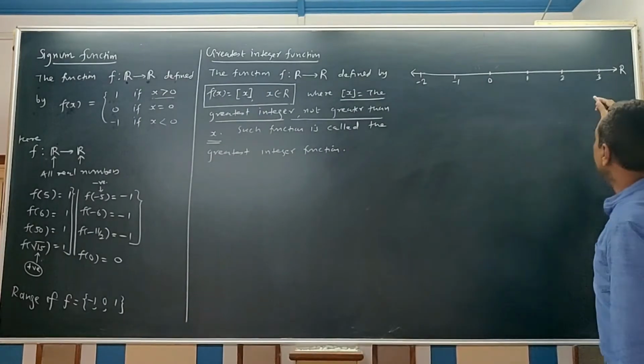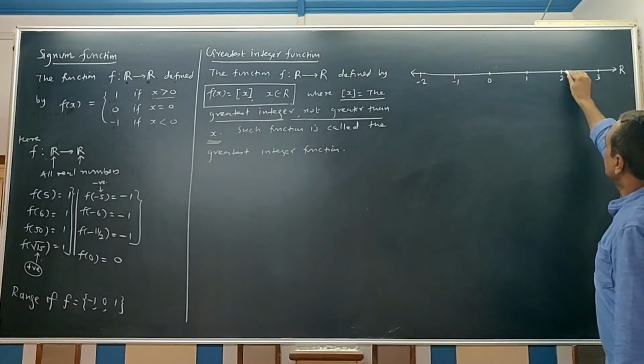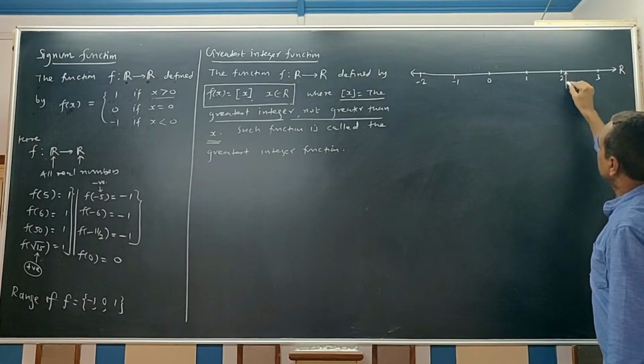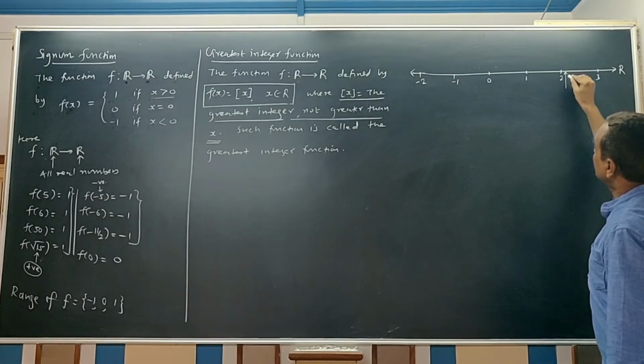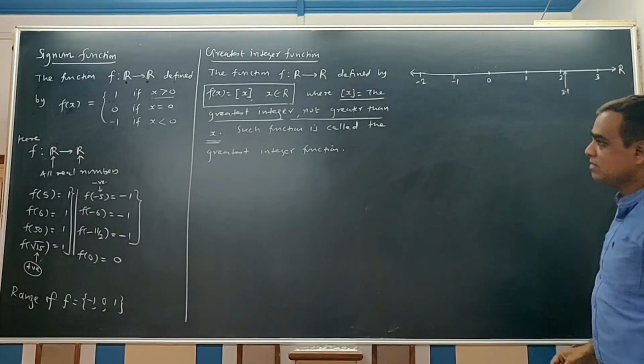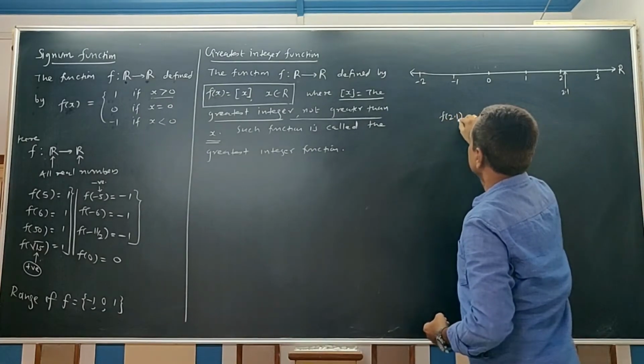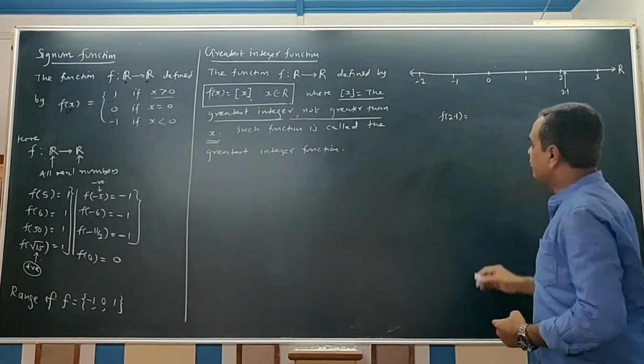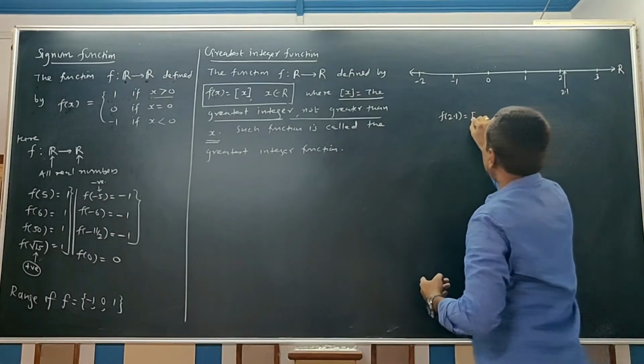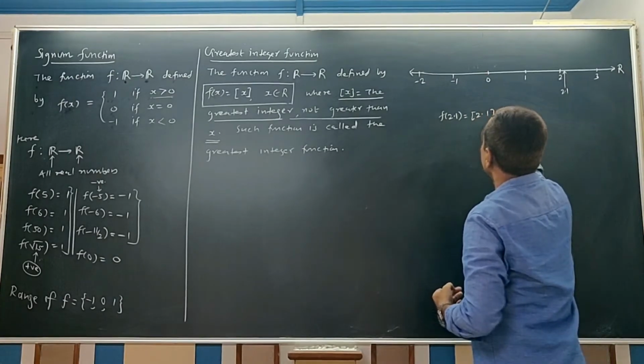Suppose I am putting the value 2.1, 2.1 is here. So f of 2.1 is box of 2.1.